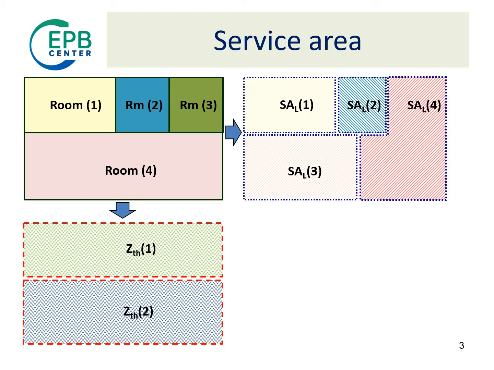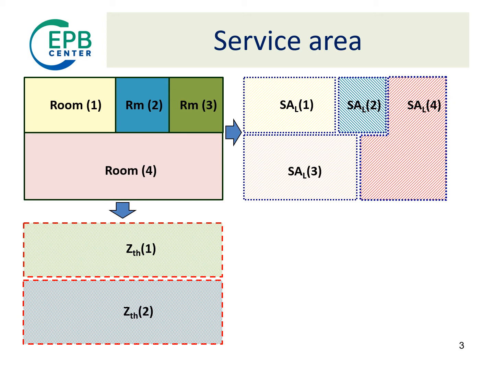A service area is part of a building consisting of one or more spaces served by a specific technical building system or subsystem. There are lighting service areas marked as SAL with a number, like here. Heating service areas marked as SAH with a number.